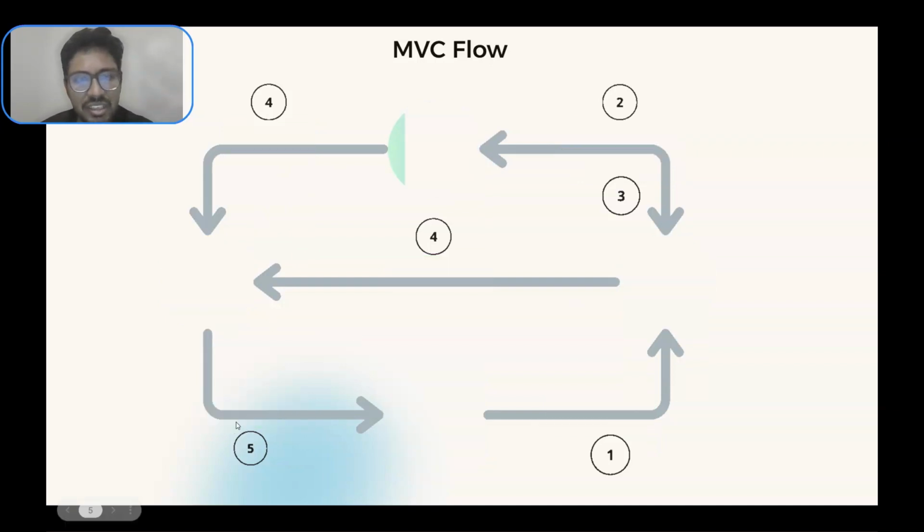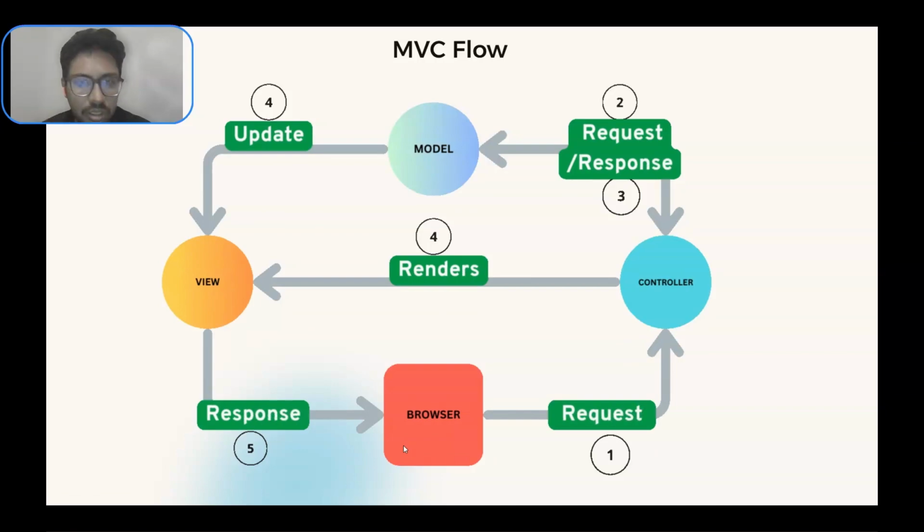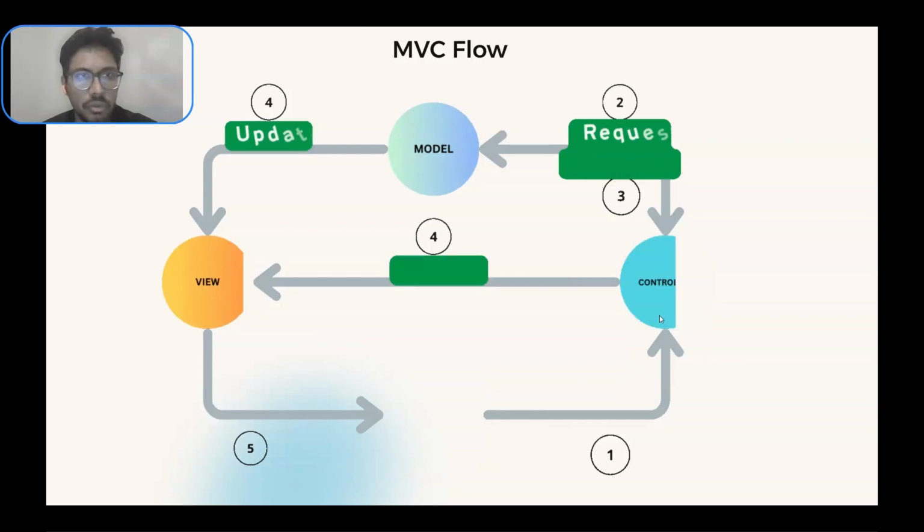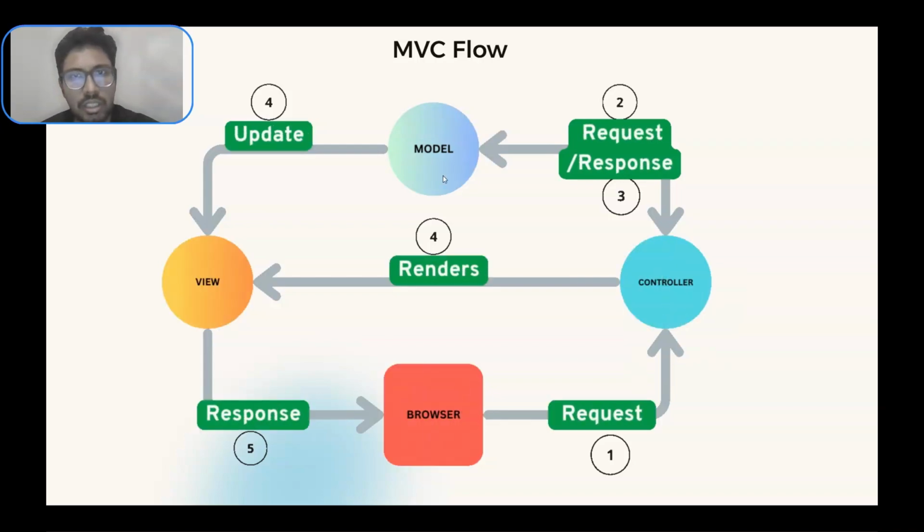And this entire view is being rendered to the user, which is the browser. So if you see, the controller collects the main input from the user, and then it interacts with the model and renders the view. So this is a high level flow of how MVC works.